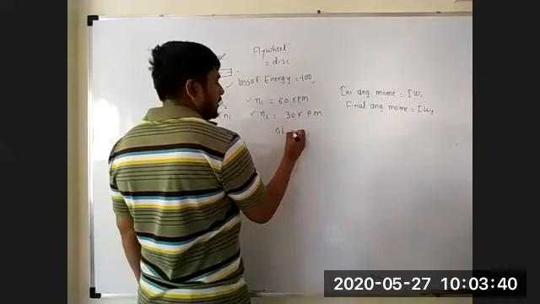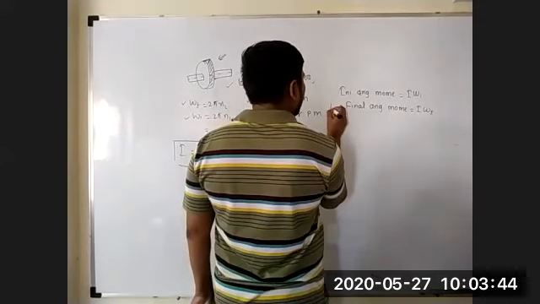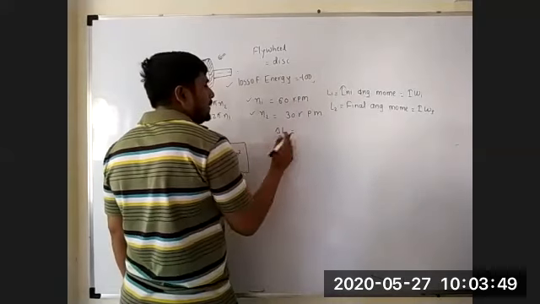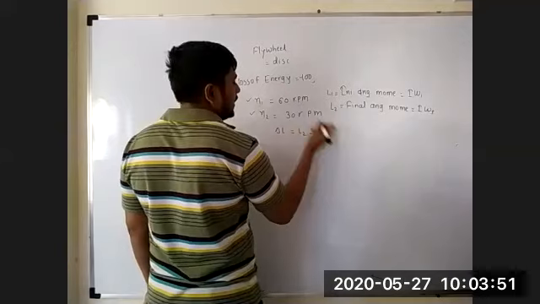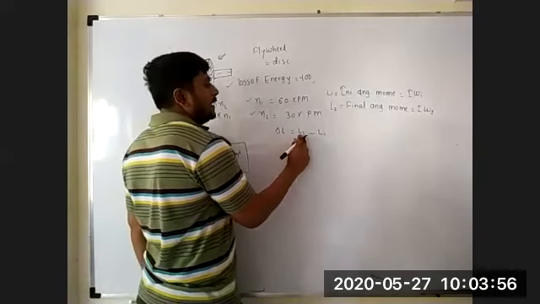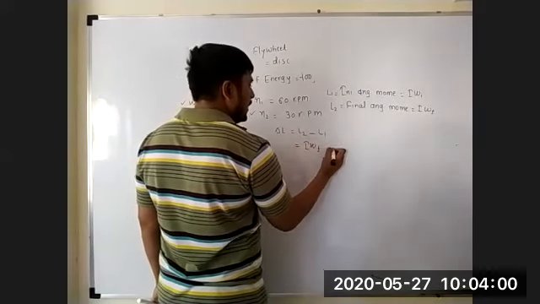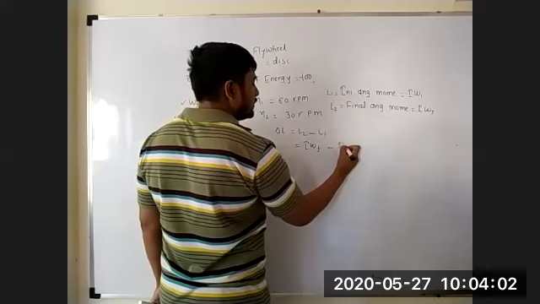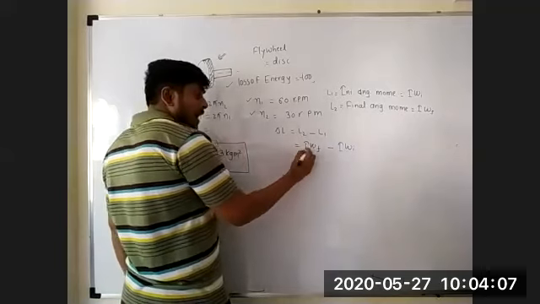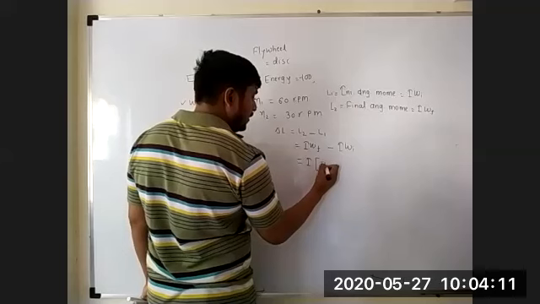So the change in angular momentum is the final minus the initial angular momentum. Let's denote final angular momentum by L2 and initial angular momentum by L1. Final is I omega final, minus initial, I omega initial. Take I common: I times (omega final minus omega initial).